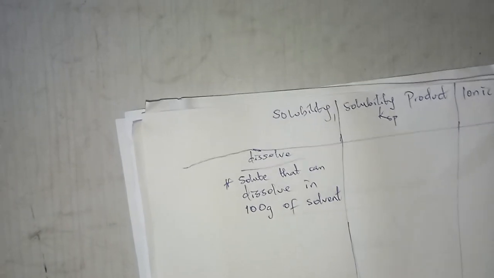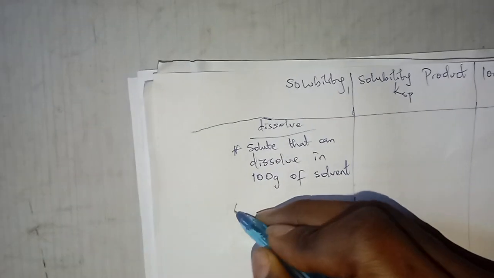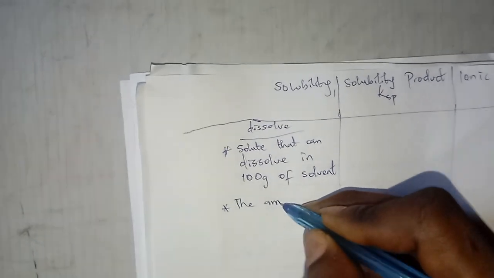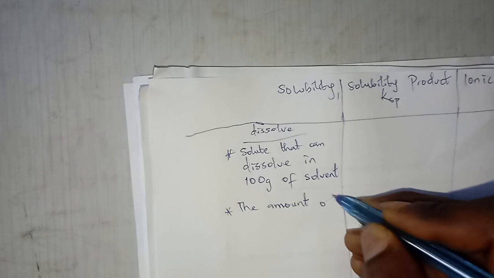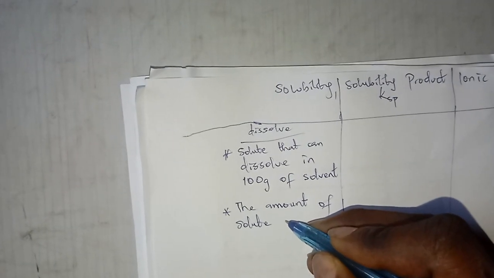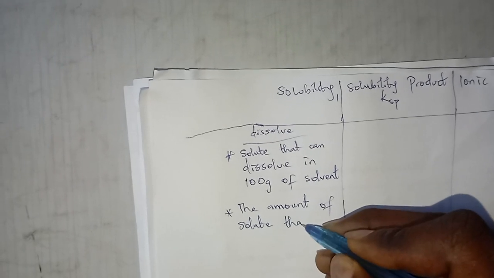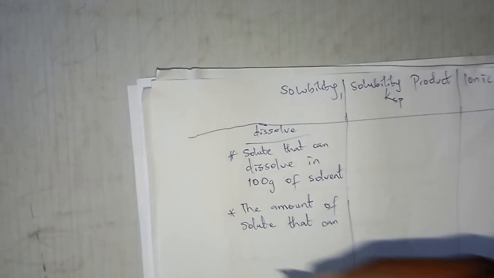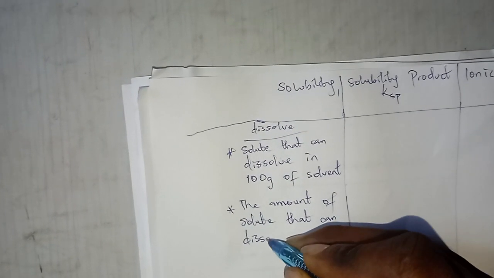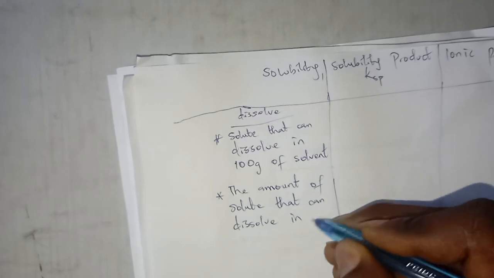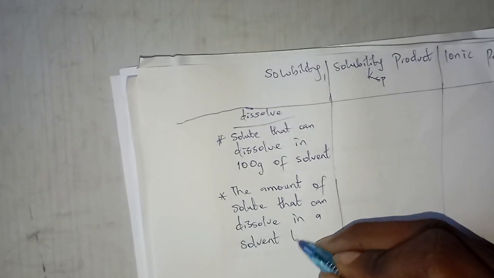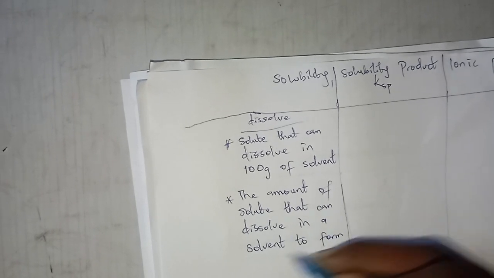Now another definition for solubility is simply the amount of solutes that can dissolve in a solvent to form a solution.